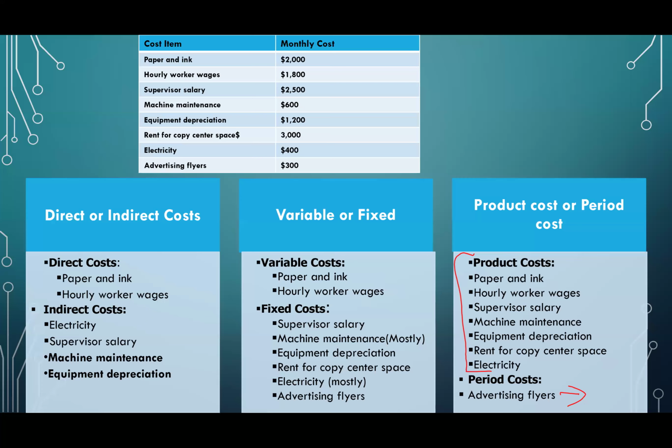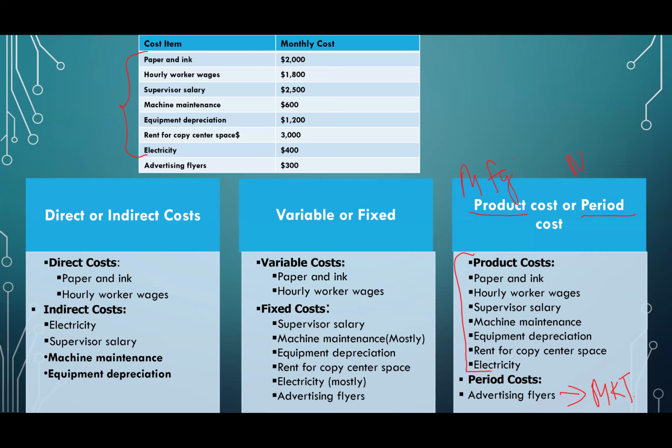Why? Advertising is a marketing cost, which is a non-manufacturing cost. So everything that is incurred in a factory or plant, in our case the copy center, is a manufacturing or product cost. Product cost and manufacturing cost mean the same thing.